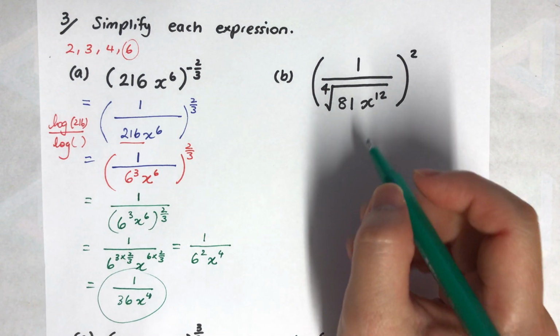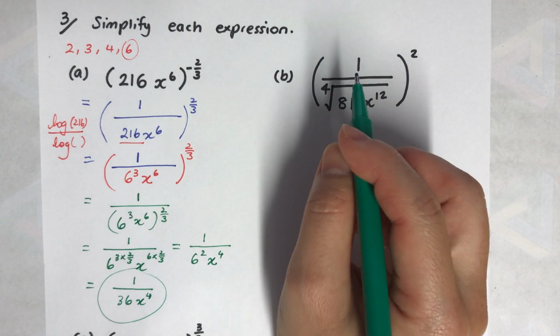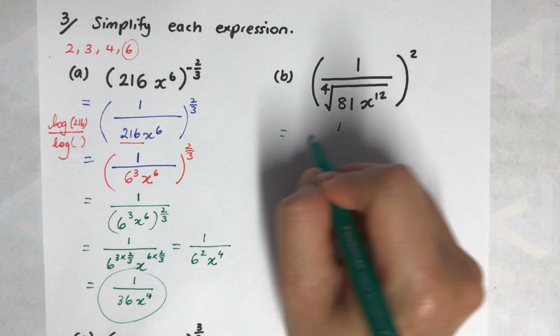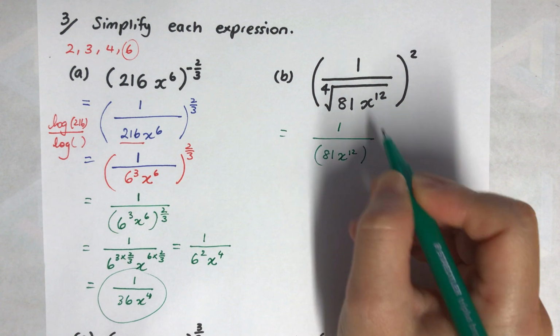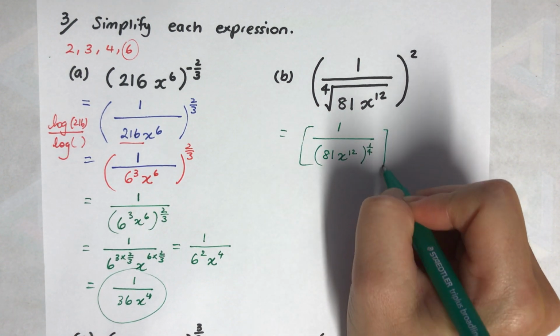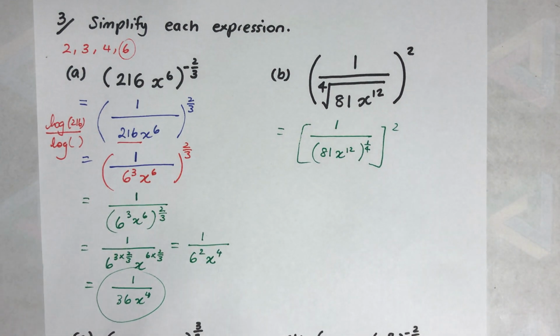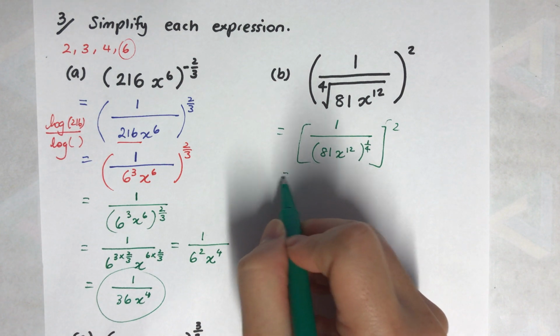Okay, going to part B here. All right, let's deal with this first. I'm going to change this one. That'll be 1 over 4. Okay, I'll just change this root part into 1 over 4 power.